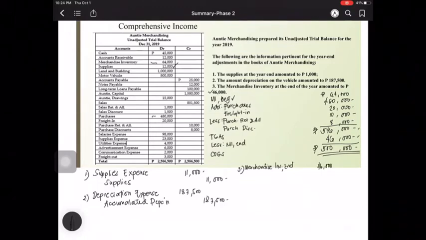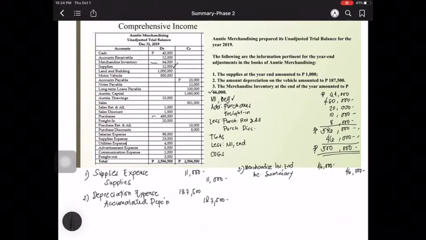Where are we going to close our inventory end? We use, for the meantime, a temporary account. We call that your income summary. So we credit, for the meantime, your income summary for the same amount of 46,000 pesos. Okay, we are not yet done because your COGS is not yet recognized.